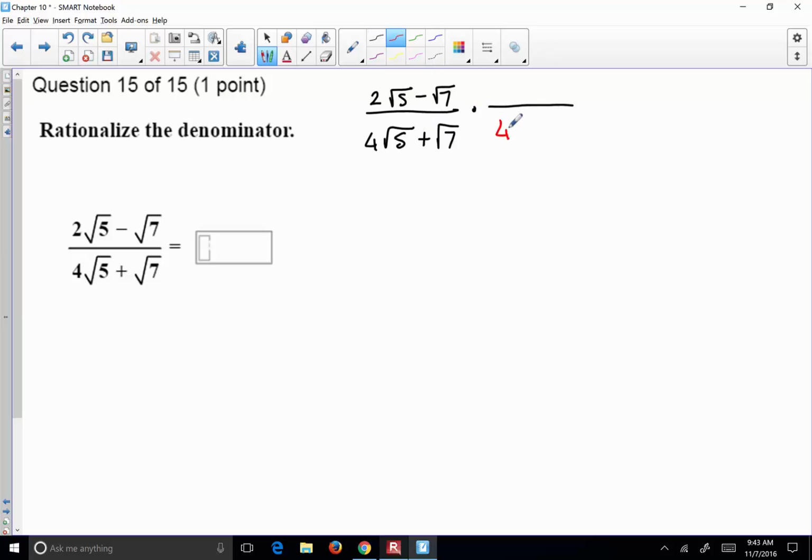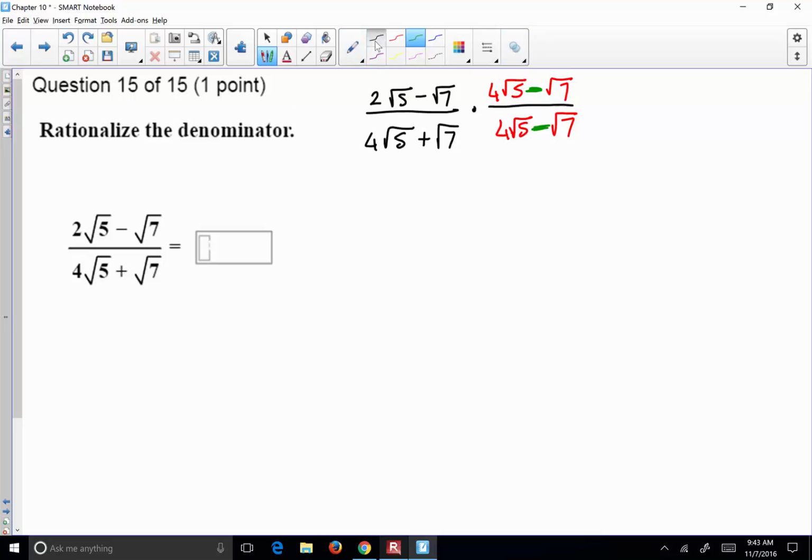Copy the whole denominator, leave out the sign in between, and just put it back with the opposite sign. Both sides must get the same pair. Same sign, same pair. Okay?